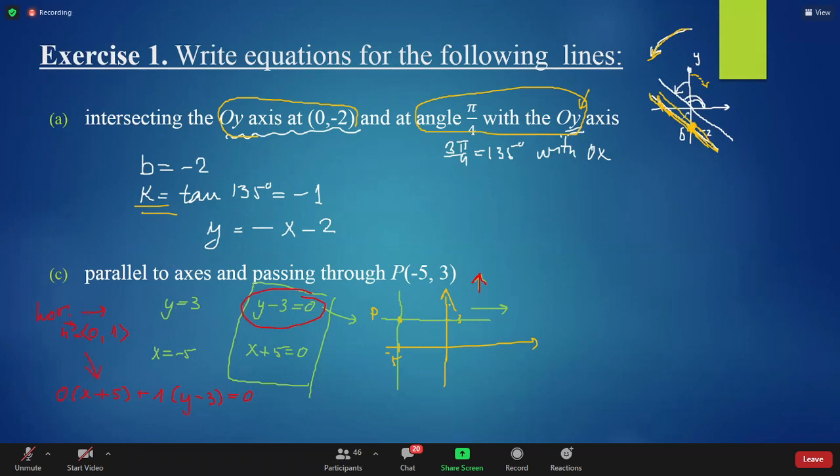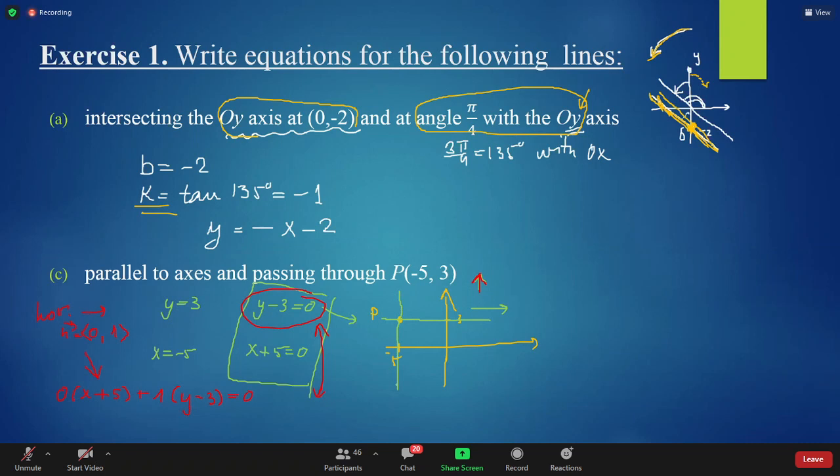Just think very carefully what this normal vector would be. Write down the full equation and then simplify it to this form. However, if you can find a simpler way of writing down the equation without going the long route, if you can just write down the equation of a vertical or a horizontal line, that is much simpler to do, then of course you should do it the simple way.